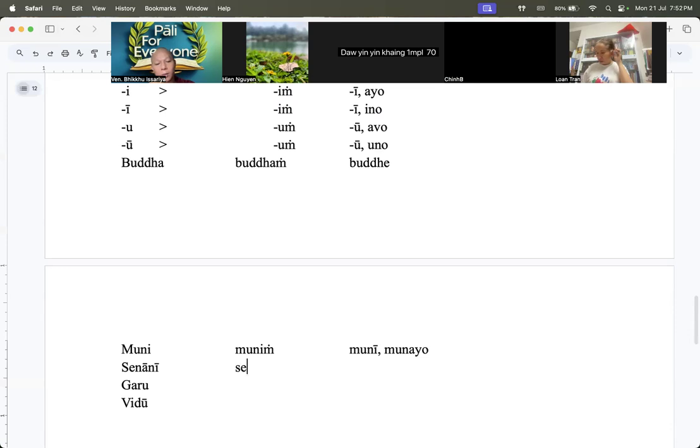And Senani. Actually, Sena name. So Senani, Senani no. And then for Guru also, Guru. For plural, Garawo.